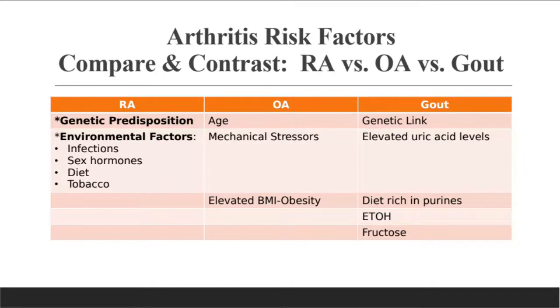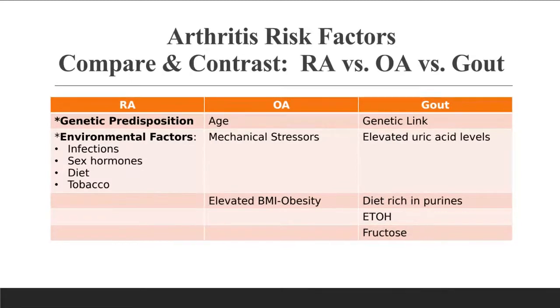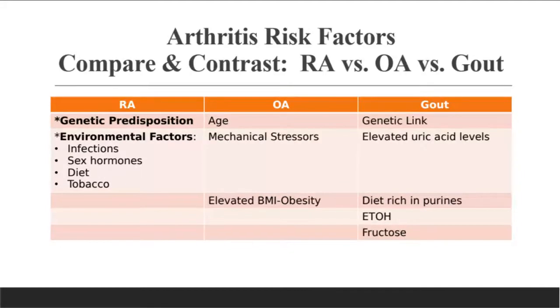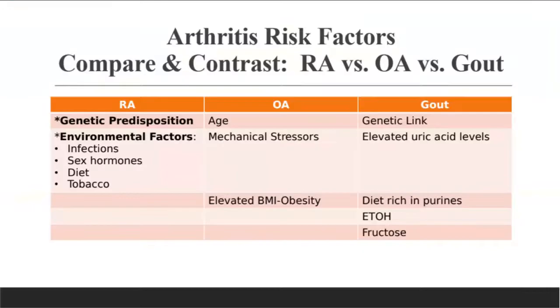Now, gout is a form of arthritis. There is a genetic link associated with gout, and it's related to the elevation of uric acid levels. Those uric acid crystals are deposited in an intra-articular joint, and that causes redness and swelling and severe pain. If you know anybody who has gout, you know that they're usually in severe pain.